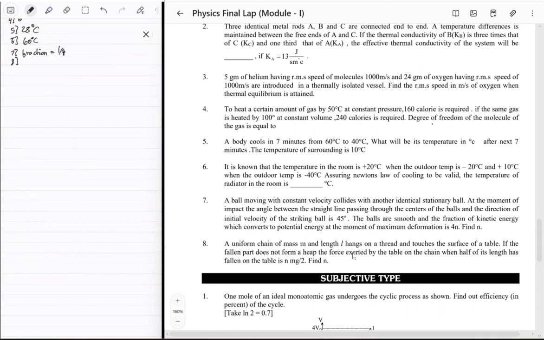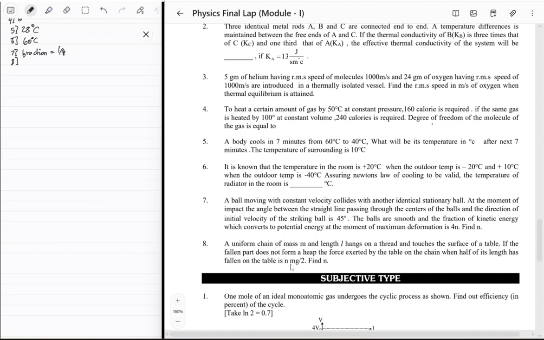A uniform chain of mass m and length L hangs on a thread and touches the surface of a table. If the thread is cut and the fallen chain does not form a heap, the force exerted by the table on the chain when half of its length has fallen on the table is n times mg.